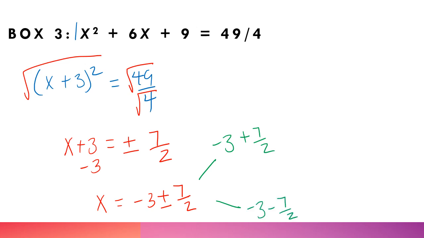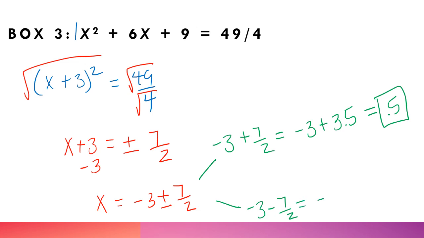If I'm not comfortable working with this fraction, because this can be simplified down to an exact decimal, that gives me negative 3 plus 3 and a half. So if you owe me $3 and you have $3.50, once you pay me, you're going to have 50 cents left. So one solution is 0.5.